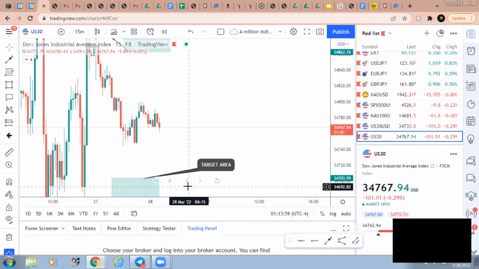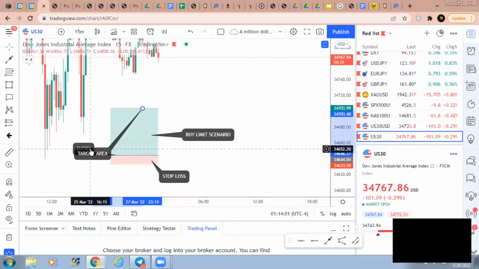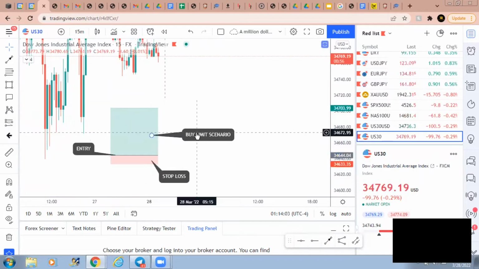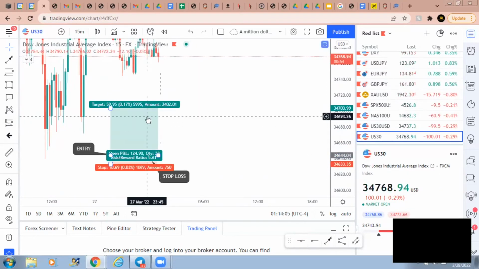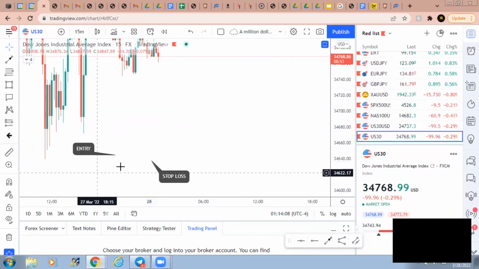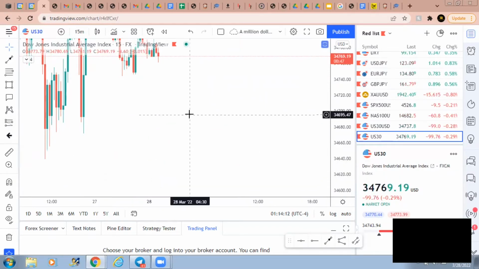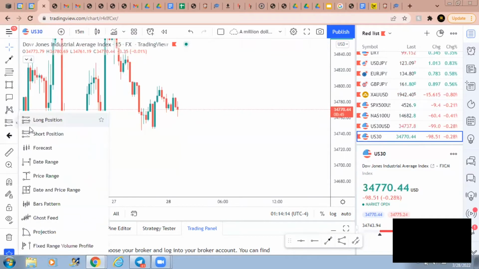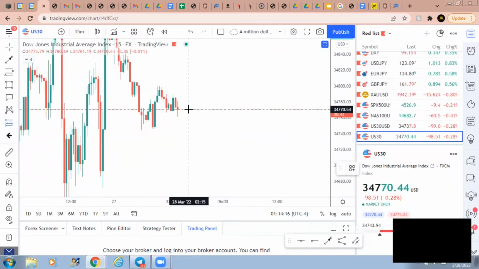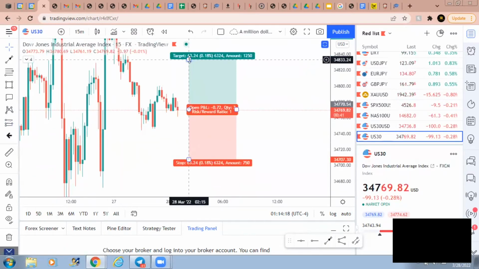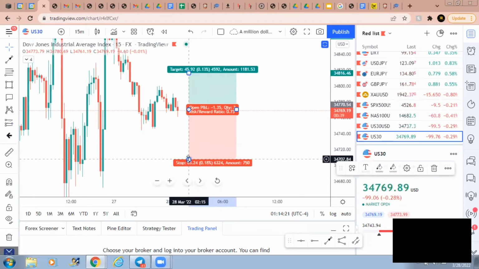So let's say, for example, you are the type of trader who likes to buy by market. There's no problem with that, as long as you have great risk to reward, by all means, knock yourself out. Let's say you want to buy by market right now, at the current price, which is your target area up there.